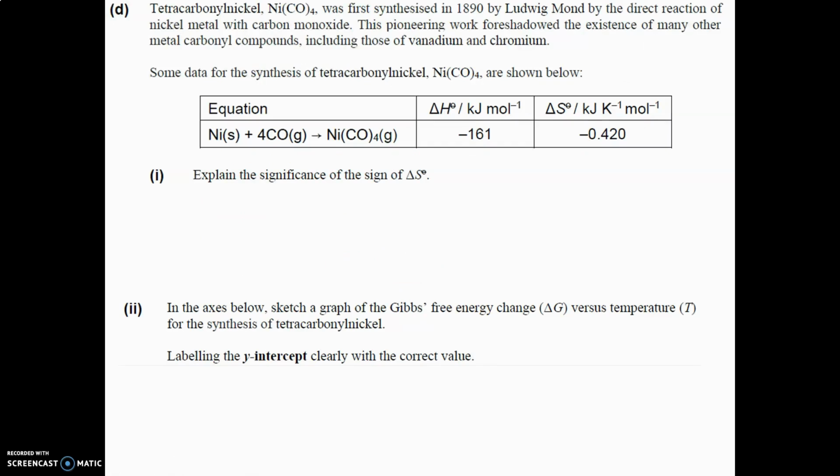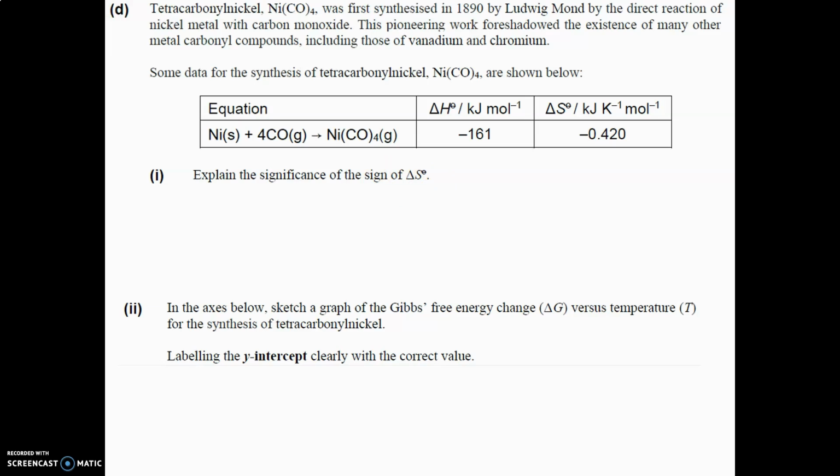Part D, we have a compound called tetracarbonyl nickel. Values of delta H and delta S are given to you. D part 1, explain the significance of the sign of delta S, the standard entropy change. So now we know that entropy change measures the amount of disorderliness in the system.